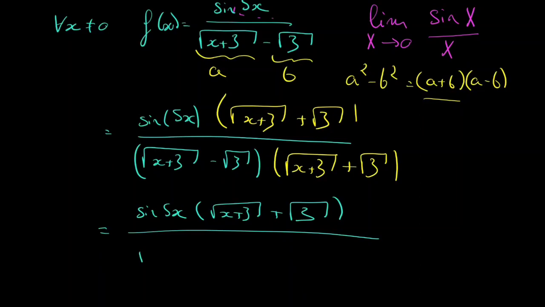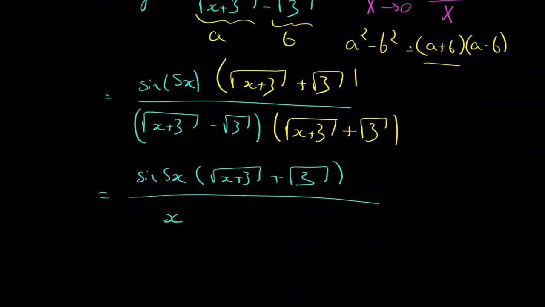And at the bottom we have square root of x plus 3 squared, which is equal to x plus 3, minus b squared, so minus square root of 3 squared, which is minus 3. We can simplify those 3 together and we are left with this expression. Now we want to make appear a 5x at the bottom.